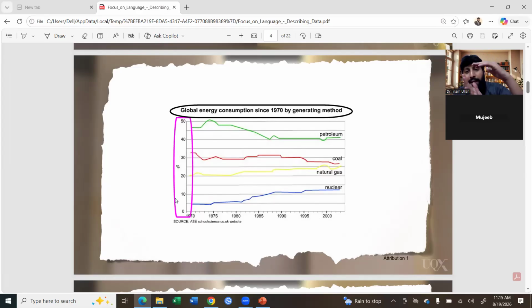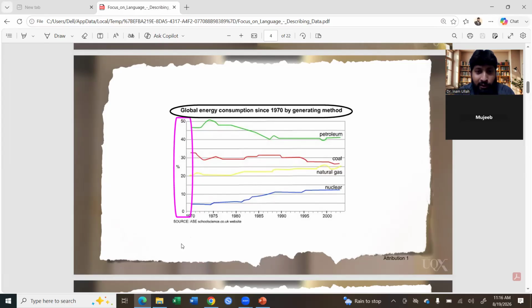So we can compare both the trends, the upward and the downward trend, right? We can see how they are different. Petroleum is different from nuclear energy production. Why? Because petroleum came down and nuclear went up. So this is what the difference is.